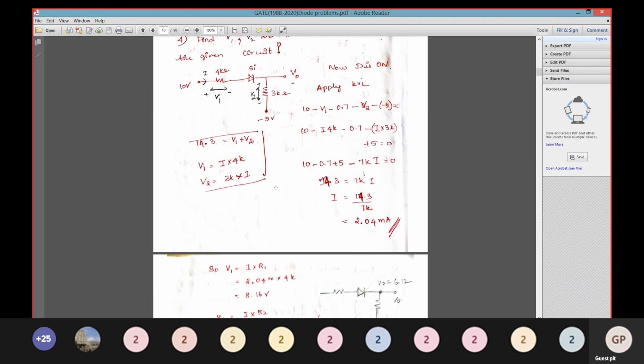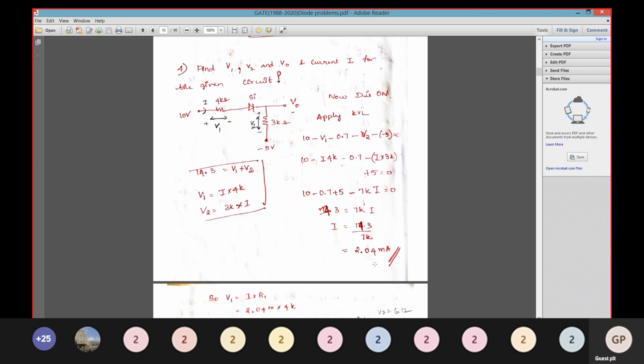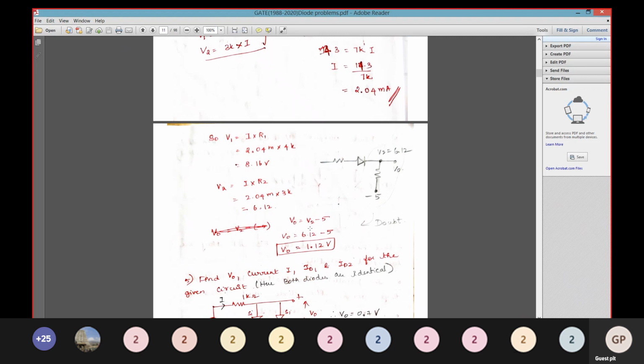Now what is your final output voltage? V naught is equal to V2 minus this 5. You might get a doubt here about why we are subtracting. Look at the potential given over here: we have a minus 5 voltage. The output voltage is taken between this point and that point, so V naught is equal to V2 minus the total drop.